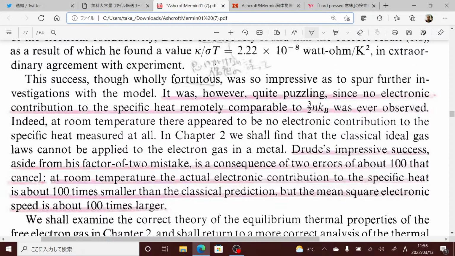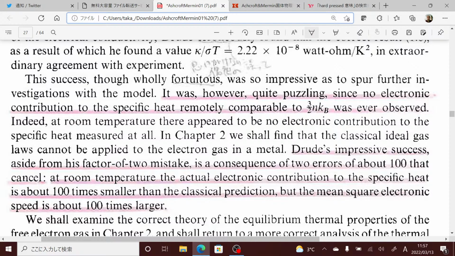It was, however, quite puzzling, since no electronic contribution to the specific heat remotely comparable to 3/2 n k_B was ever observed.